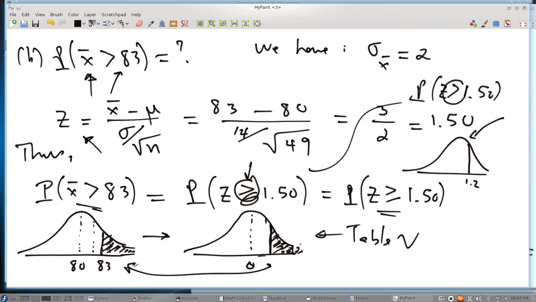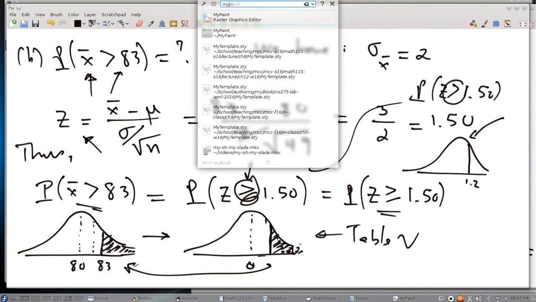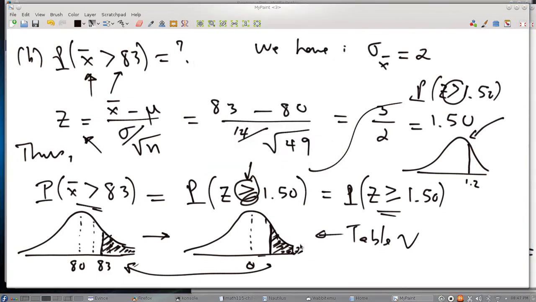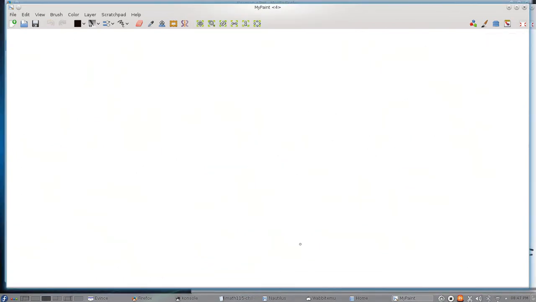Okay, so now it becomes a little bit messy. Now let me start one more sheet to show us the complete calculation of this. So here what I have done was basically able to write the probability of x bar greater than 80 in the z expression, which is 1.50.